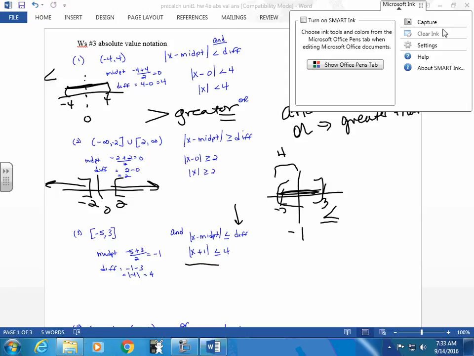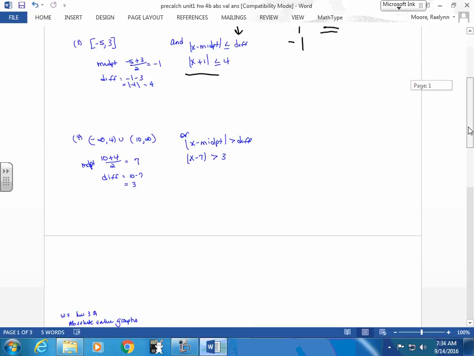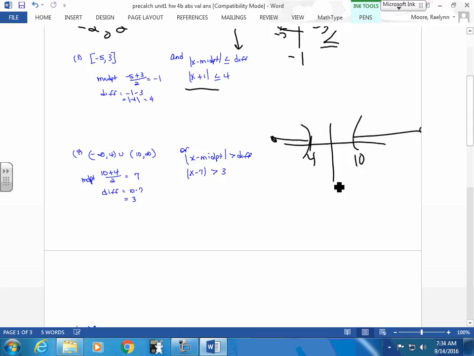These are different. You probably didn't do these last year. And again, I have an or statement. I'm going to 4, soft bracket, from 10. So this gives me an or statement. Find your midpoint in the middle, add them up, divide by 2.